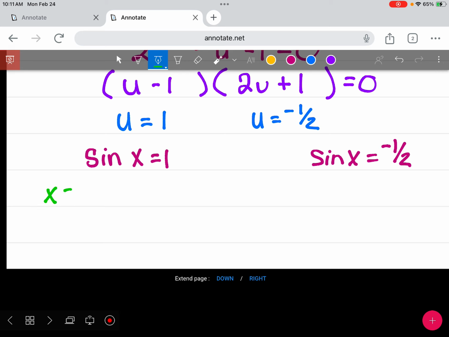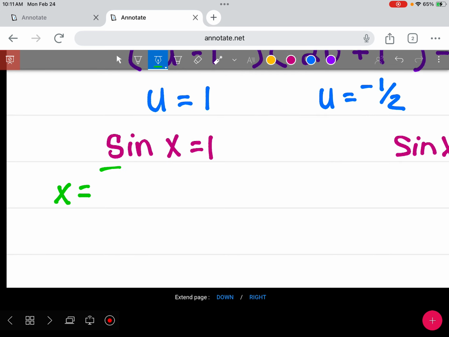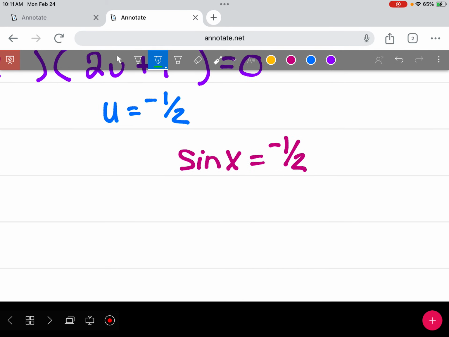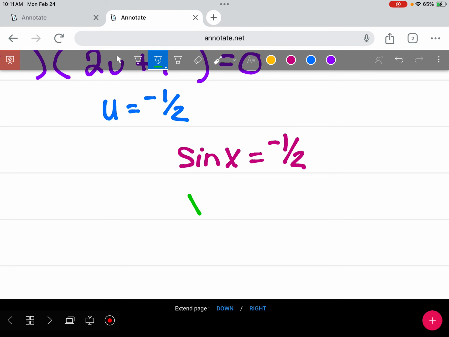Where do we get sine equals 1? Pi over 2. That's where sine equals 1. How about where does sine equal -1/2? What are our options here?